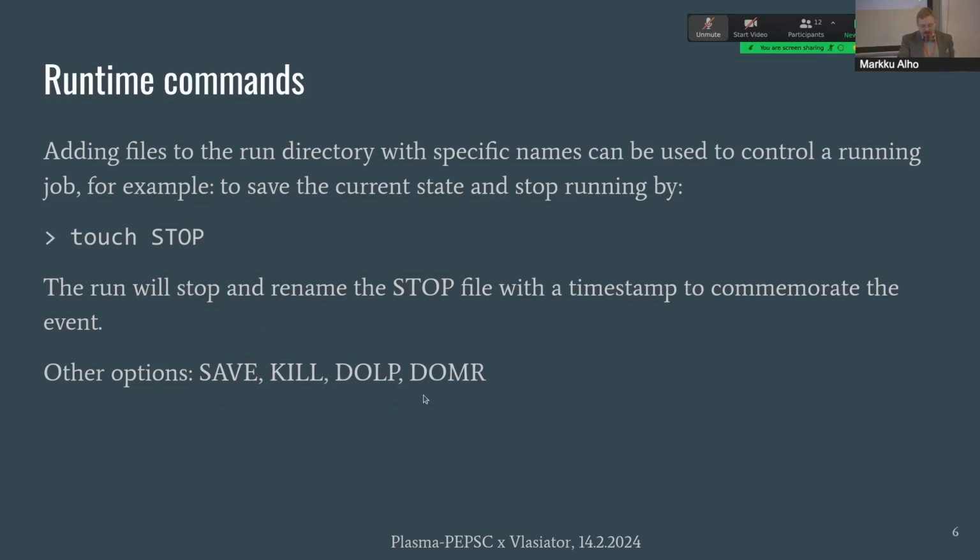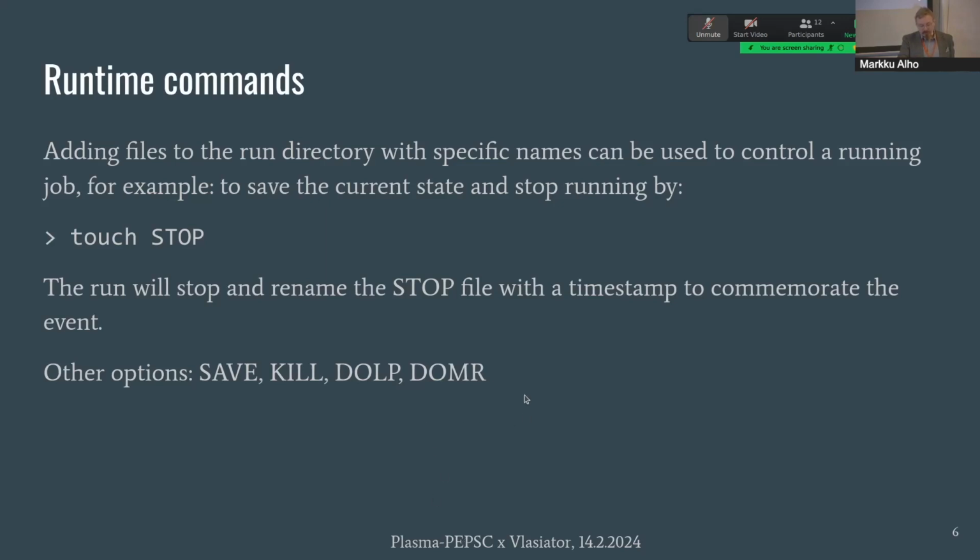And then there are these two commands, do load balance and do mesh refinement. So you can force, for example, a load balance. If you see that the runtime has spiked for whatever reason, you can try and rebalance the load if it would help with the performance.